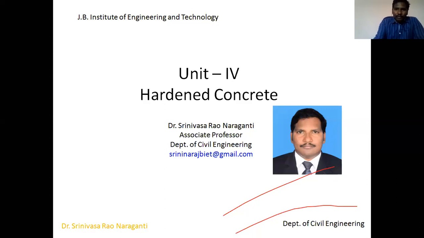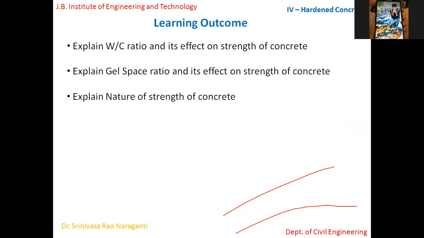Now in the fourth unit, we'll be talking about hardened concrete: the science behind it and some of its properties and tests. Let me tell you the learning outcome of this unit. Learning outcome basically tells you what you'll be able to do after completely going through this module, the first module of unit 4. First, you will be in a position to explain what the water cement ratio is and its effect on the strength of concrete.